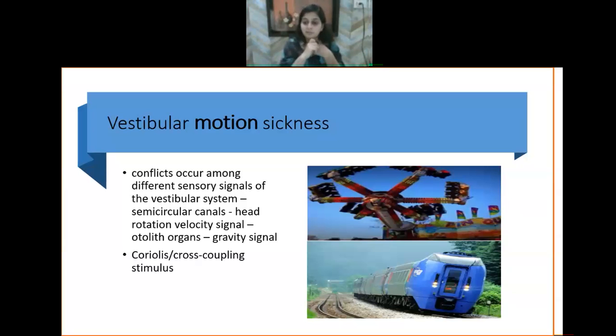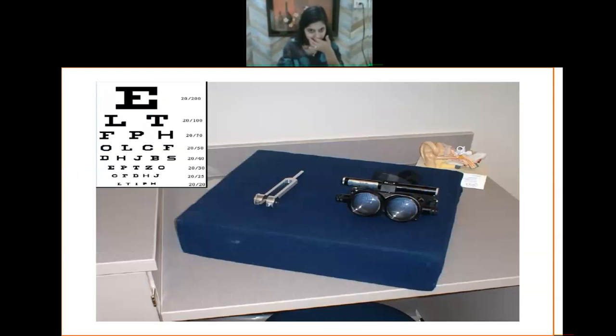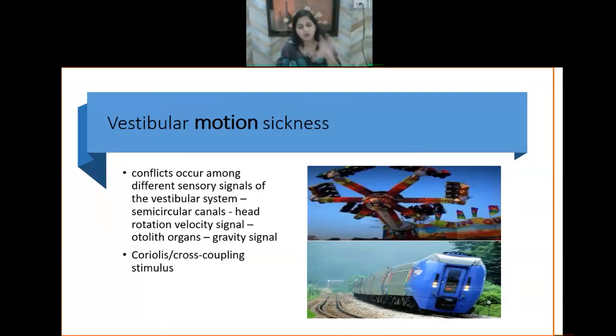We do have different management to treat it, and we can definitely treat those patients with vestibular rehab therapy. So we have a role in unilateral, peripheral, central, concussion, cervicogenic dizziness, and vestibular motion sickness. These are pretty common basic diagnoses where we can pick up patients who can benefit from vestibular rehab.